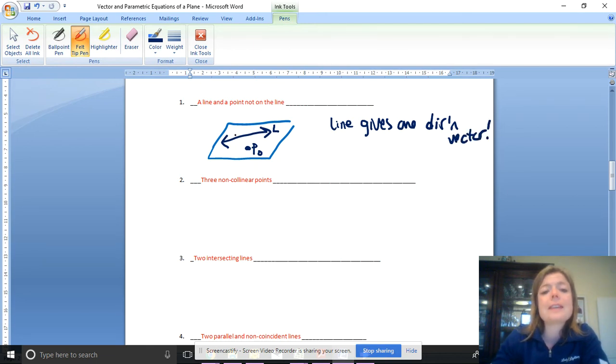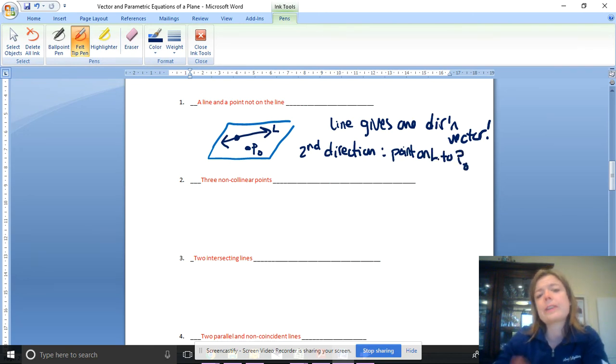And then to find the second direction vector, you just need to find the position vector between a point on the line and the point that you're given. So the second direction vector is found by finding the position vector from a point on L to the point that you know. There'll be an example about this in a minute.